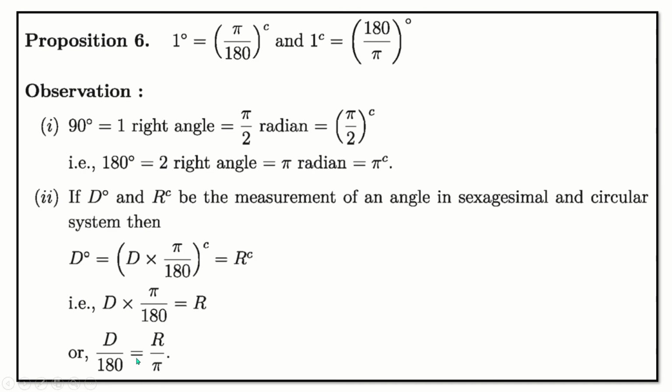Therefore d divided by 180 is equal to r divided by pi.